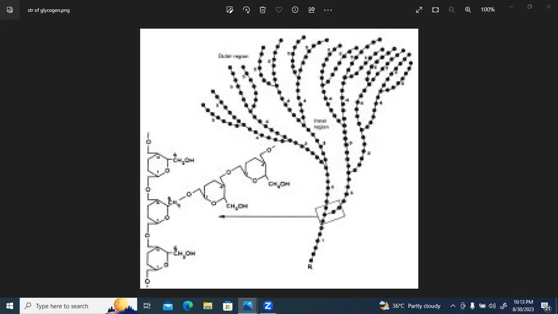Now, there is a test to differentiate between starch, amylose and amylopectin, of course, and glycogen. This test is called the iodine solution test.